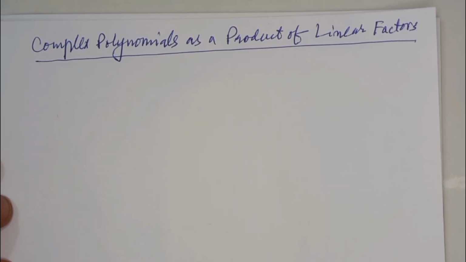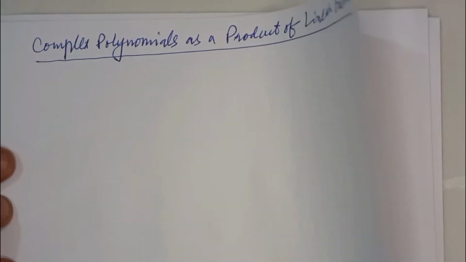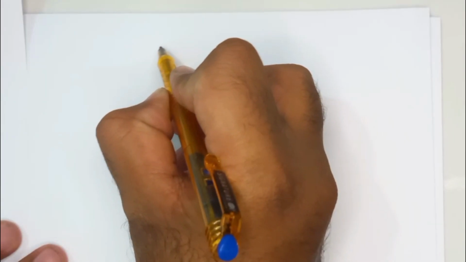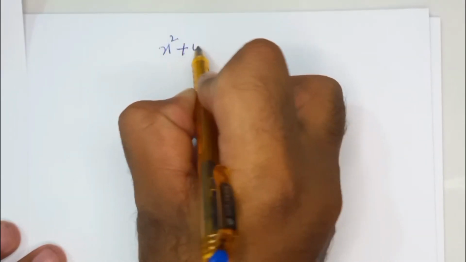First of all, I would explain what the polynomials are which cannot be factored over real numbers. So we take up the example of x square plus 4.